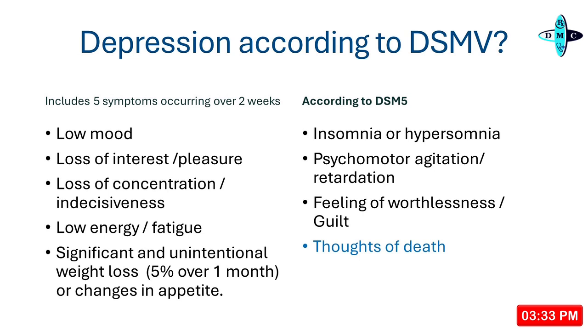So it's the psychomotor, so in terms of their movement and their thinking is slowed. And then feeling of worthlessness, guilt, thoughts of death. So this is what we mostly recognize as depression.